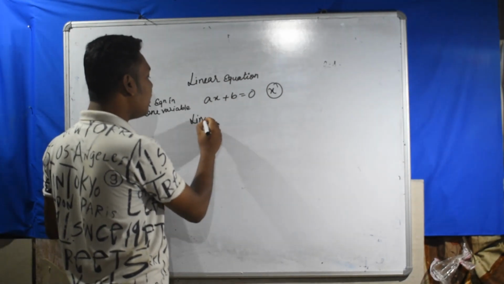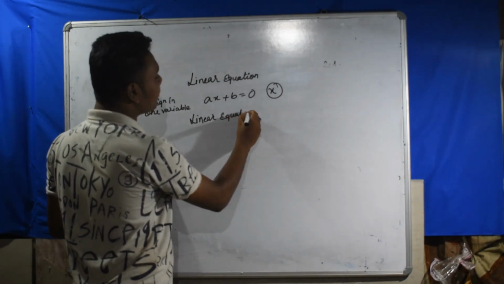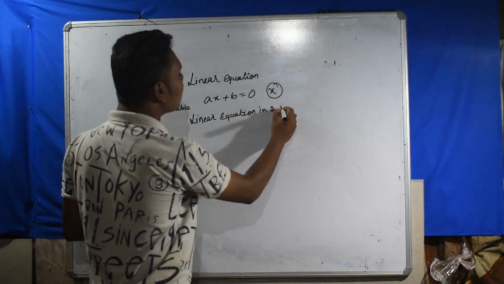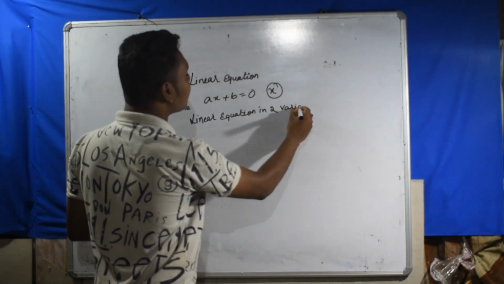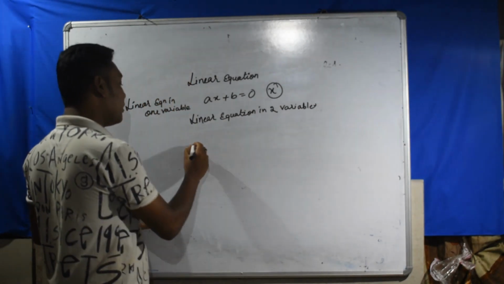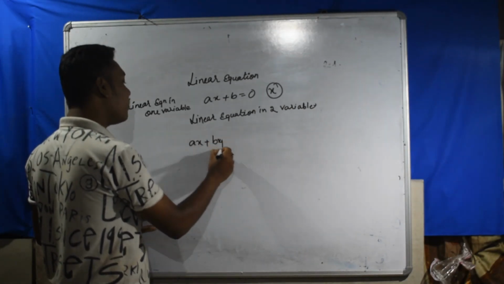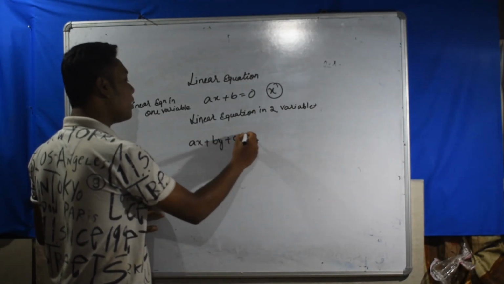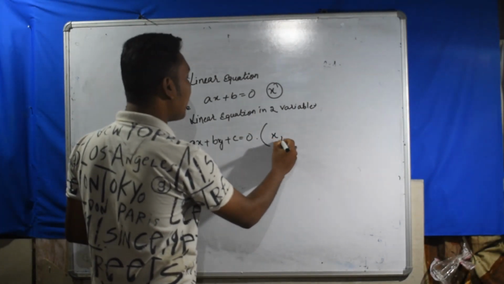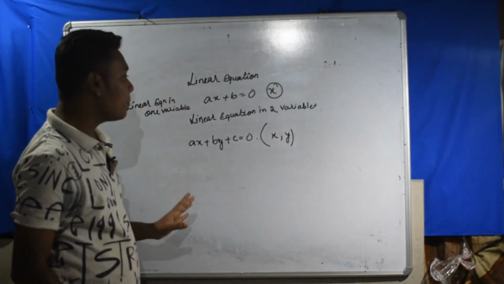Similarly, a linear equation in two variables comprises two variables: ax plus by plus c is equal to 0. Here the variables are x and y. Okay students, got this much?